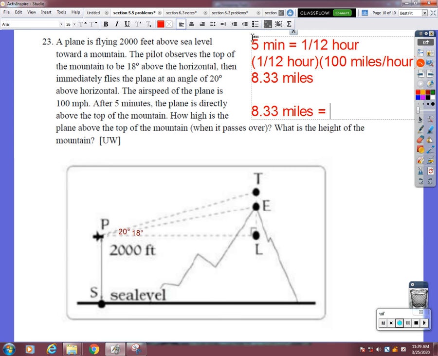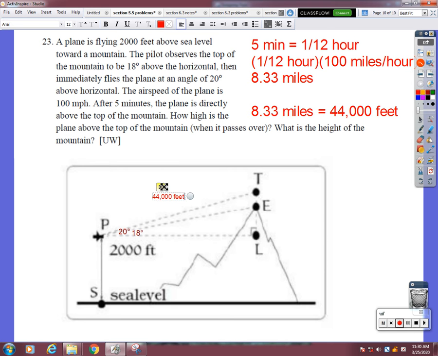So times 5280 means that the plane has actually gone a distance of 44,000 feet. Okay, so that means I can write into here, let me change my font size so it'll fit, that this distance is 44,000 feet.